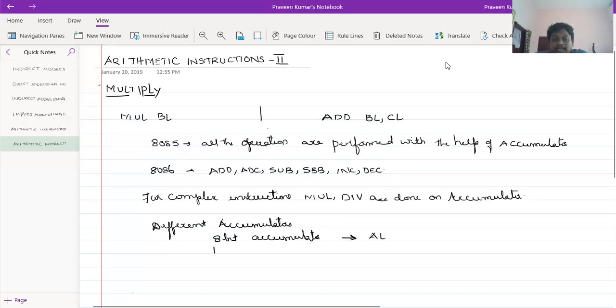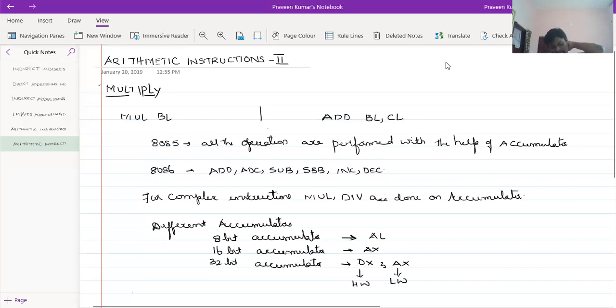The 16-bit accumulator, which is the AX register, and the 32-bit accumulator, that is DX and AX, where the lower word is stored in the AX register and the higher word is stored in the DX register.